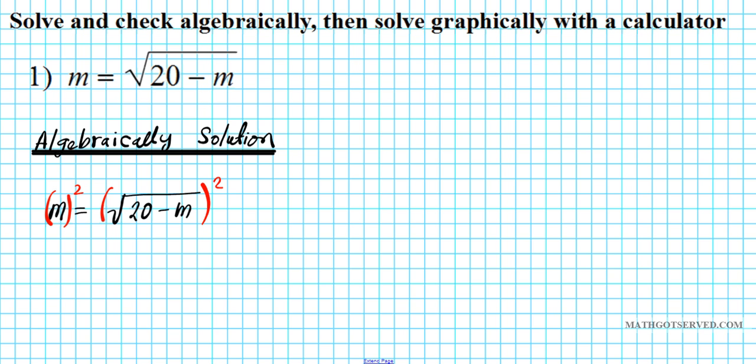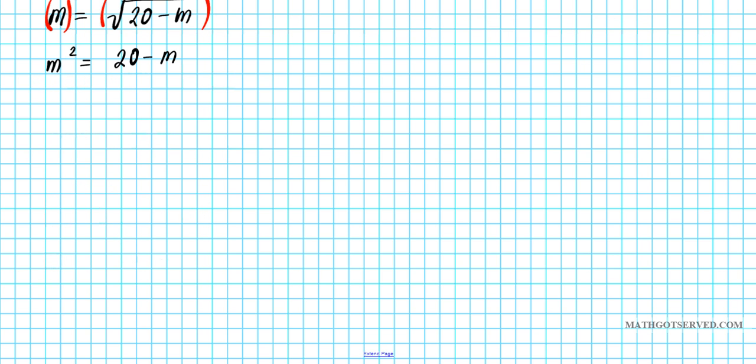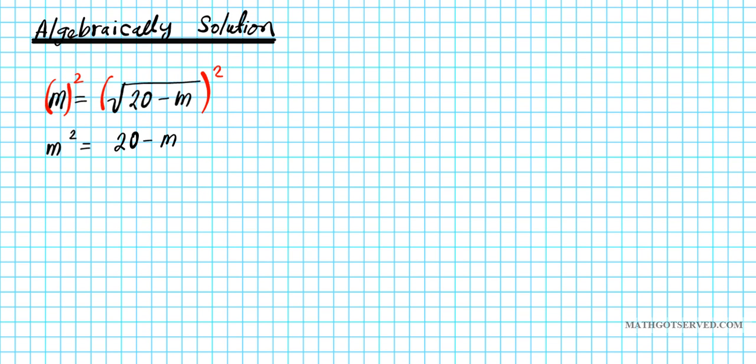So we have m squared equals 20 minus m, since the square and the square root cancel out. Now this is a quadratic equation that's not in standard form. So the next step is to place this quadratic equation in standard form and solve by factoring or the quadratic formula.